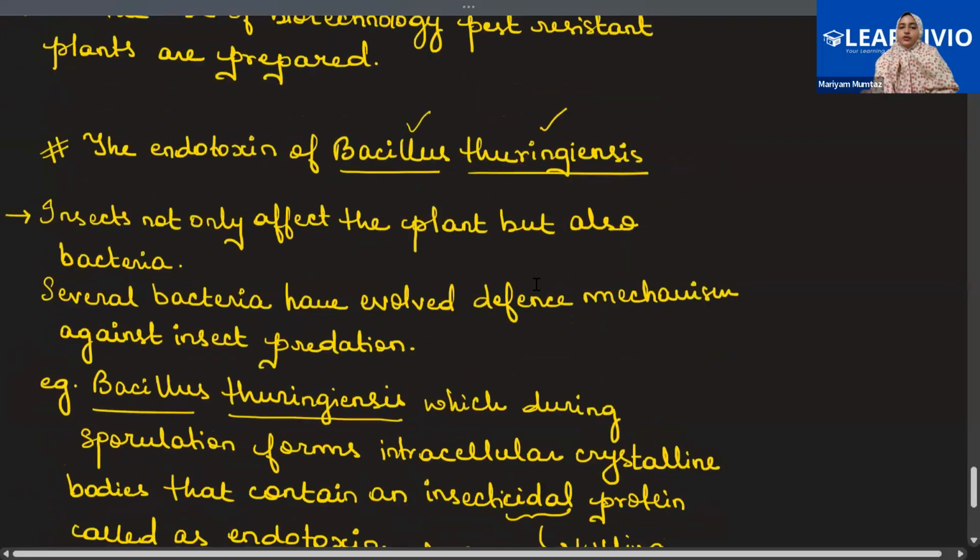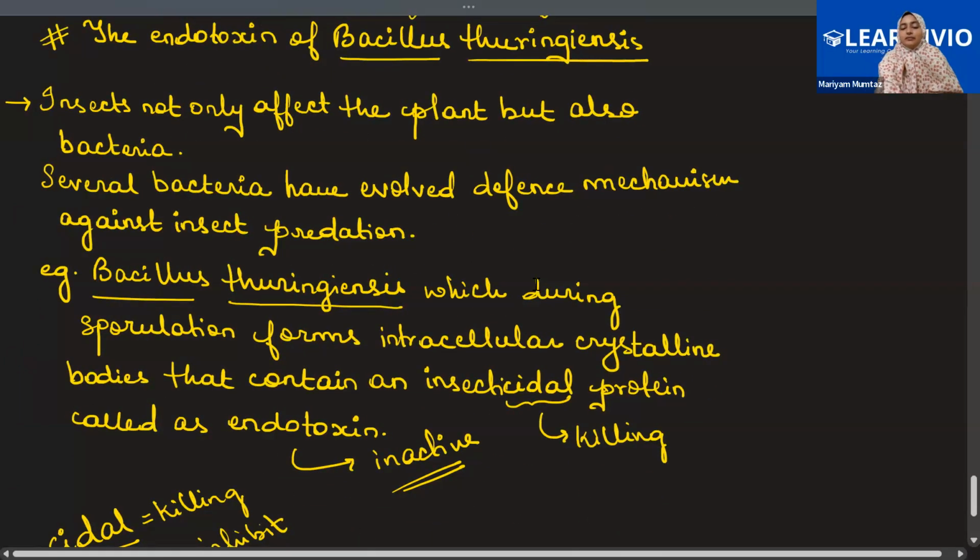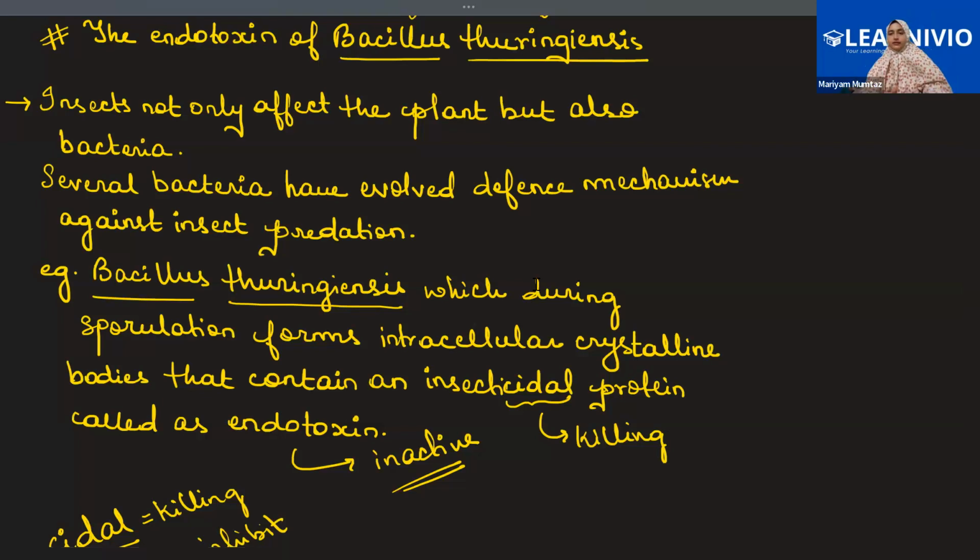Okay. So we were talking about how to create a plant that would make its own insecticide, right? In that we saw this gene: there is a particular toxin present in the bacteria Bacillus thuringiensis. This is the endotoxin. Endotoxin means it is present inside the body. Insects not only affect plants, but to some extent they affect lower organisms such as bacteria as well.